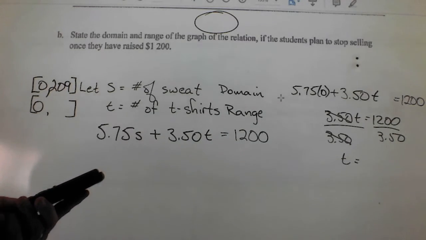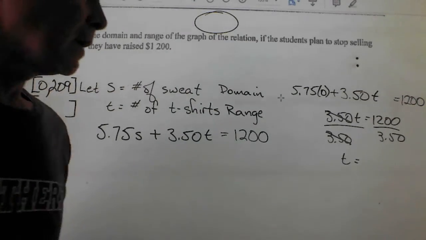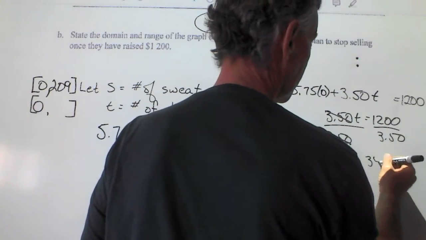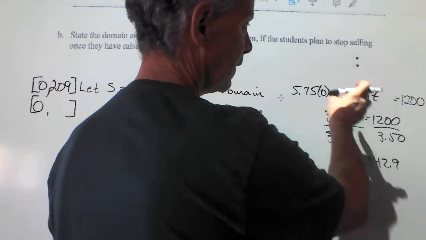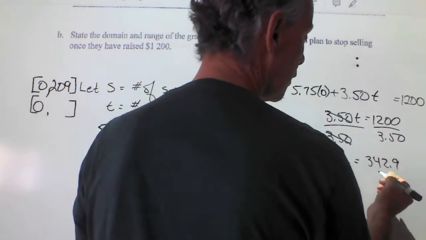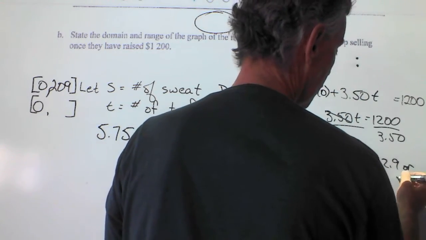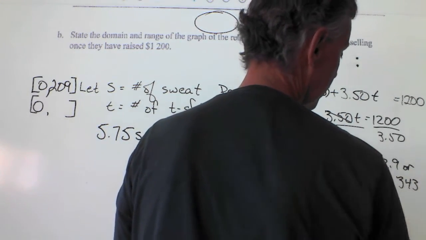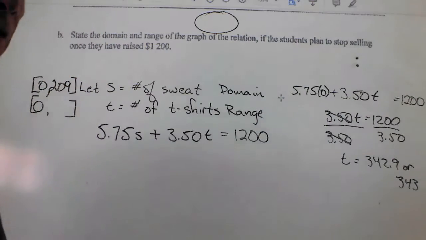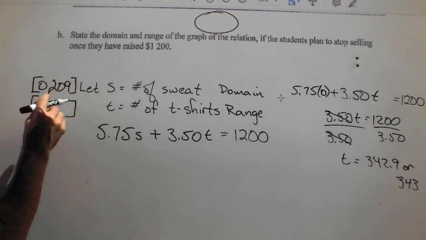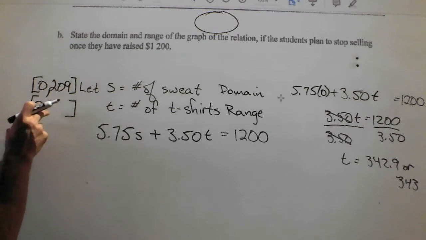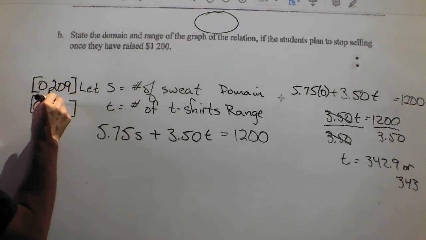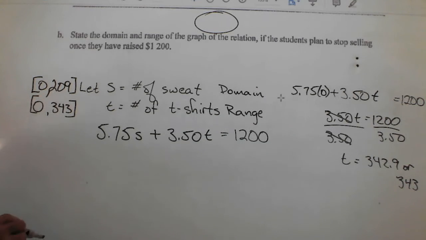And we get 342.9. So 342.9, that means, again, within the context of the question, we would have to sell 343 t-shirts in order to make our $1,200. So our range then, the number of t-shirts, anywhere from selling 0 to selling a maximum of 343.